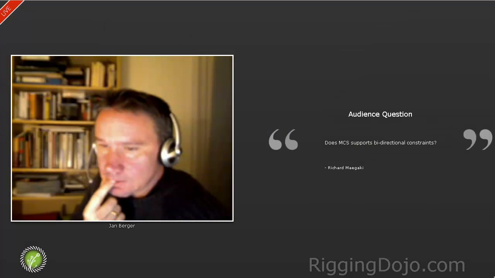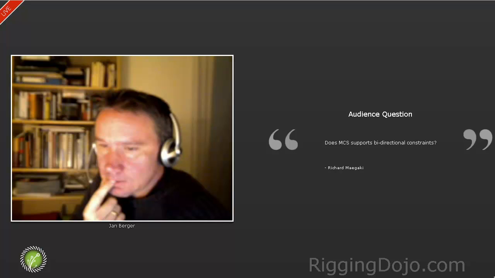Does MCS support bidirectional constraints? I guess that depends on what you define as bidirectional constraints. If you think that it's that you can invert the FK relationship between handles, then yes. I guess maybe you've seen that in the feature video. I didn't really animate a lot here.